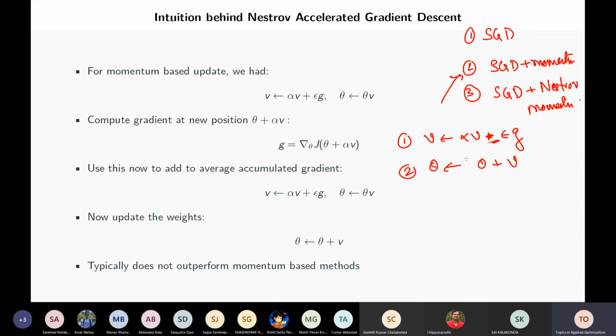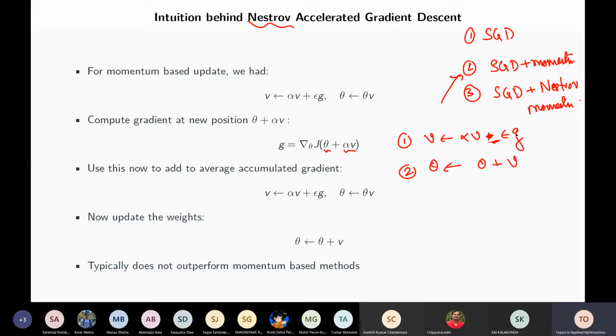But what matters here is, this is the momentum, but then what Nesterov said is that rather than computing this gradient on the previous theta value, you actually add alpha times v and then compute the gradient.